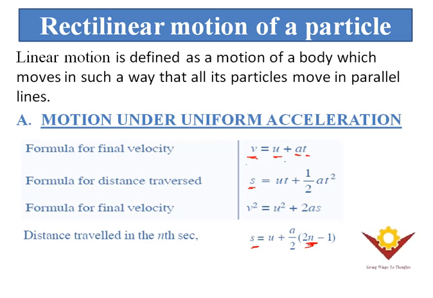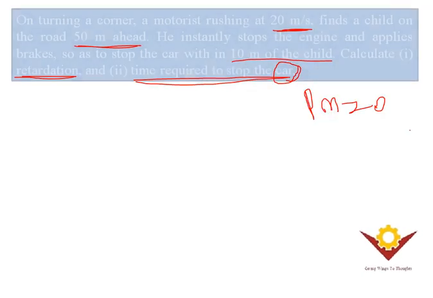We have only the velocities, accelerations, distance, and the times. So while solving these rectilinear motions, we require only the particle and the motion, but not the mass. And moreover, acceleration should be uniform. It should not change with respect to time.